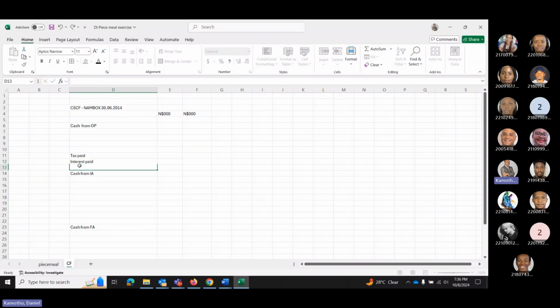Then let me put it up there, and then here we have net cash flow, net cash flow from investing activity. Then the other things will do. Normally you can list them, but let me call it working one. I'll do it as a working.